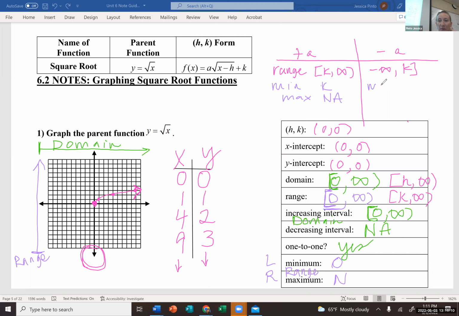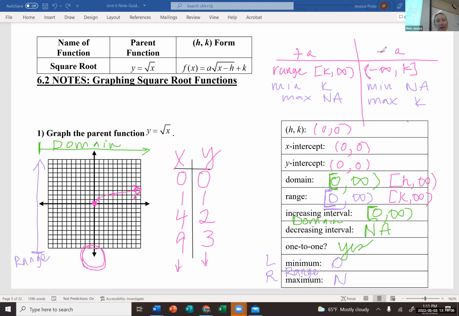But then we're going to have a minimum and a maximum reversed for a negative A. So for a negative A, the minimum is going to be non-existent. We go down to negative infinity and we just keep on going. But the maximum value is K. I just noticed I forgot a parenthesis here. I don't know why. It's supposed to be there. I just didn't write it down.